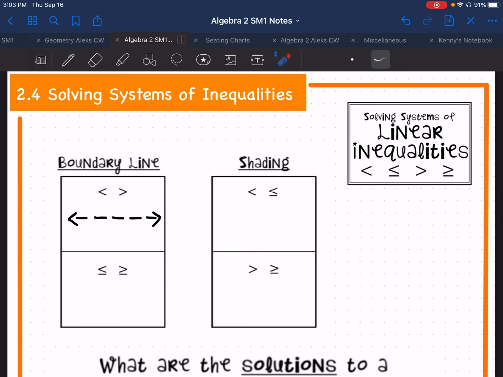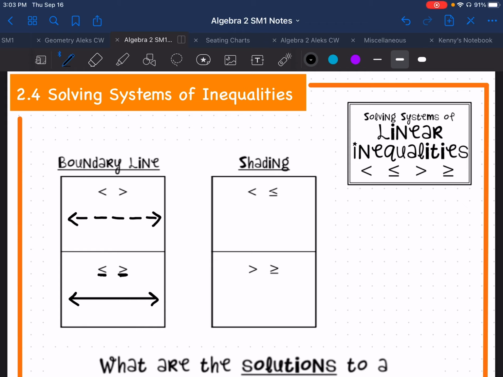When my inequalities are less than or equal to or greater than or equal to, then my line is going to become solid, showing that everything is there. Okay, so notice that the way it becomes solid is it has to have that or equal to bar. So that's the first thing you need to look for.